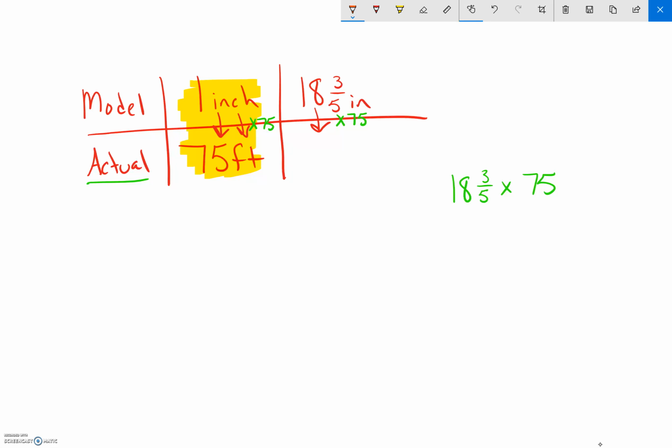We're going to create a mixed number, we're going to create an improper fraction. So 18 times 5 plus 3. That'll be 93 over 5 times 75 over 1.